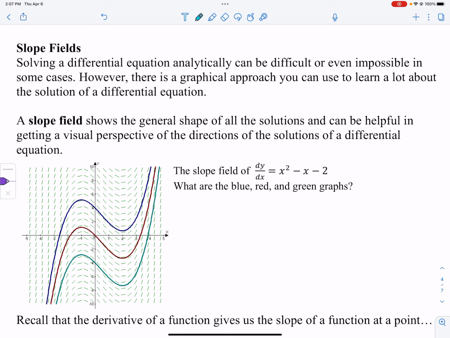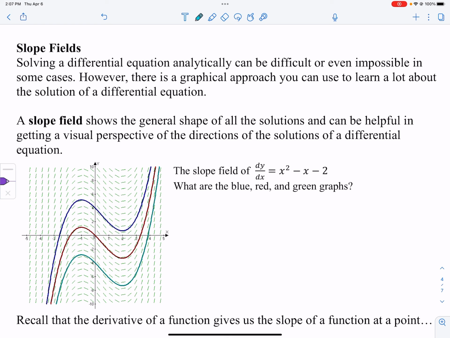Basically, by thinking about finding the slope at any given point and thinking about representing that slope as a little line segment of the tangent line to a curve.